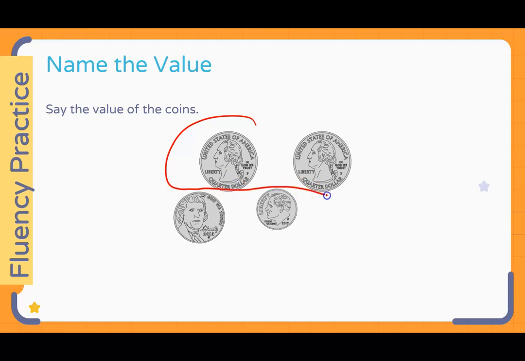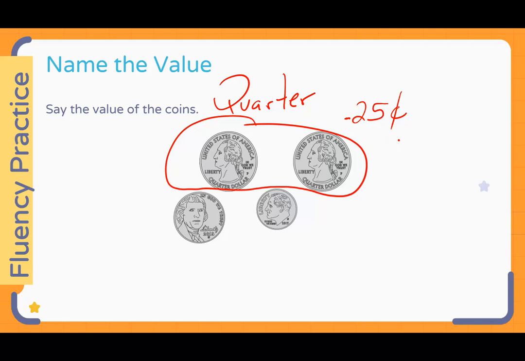What coins are these? Right. Quarters. How much are they worth? 25 cents. How much do I have total? 50 cents. What coin is this? Nickel.